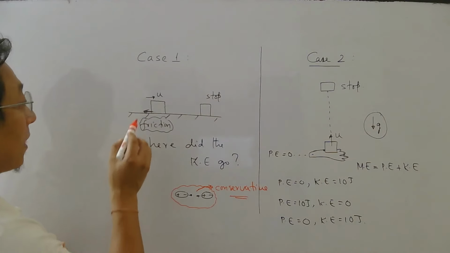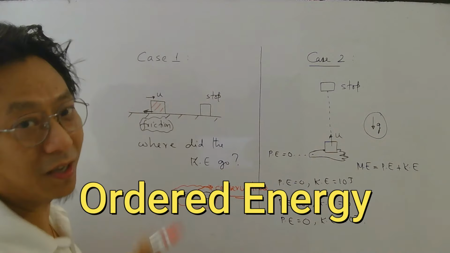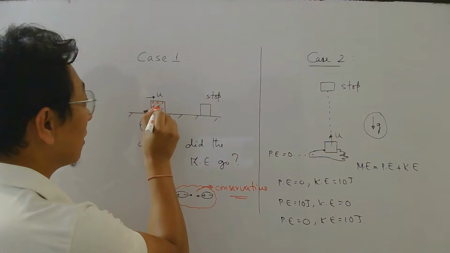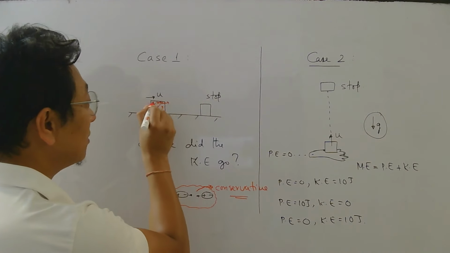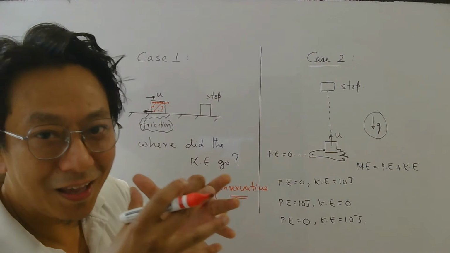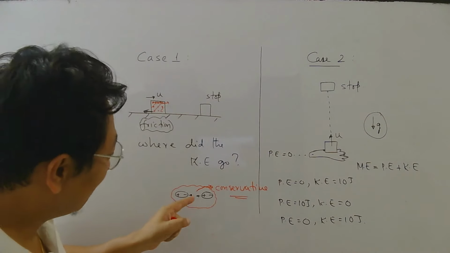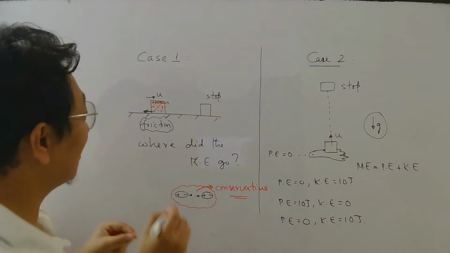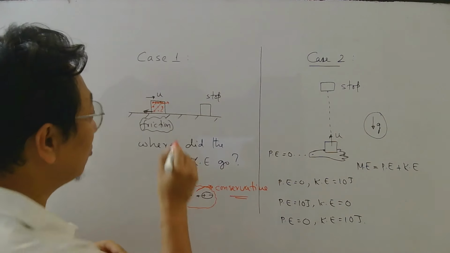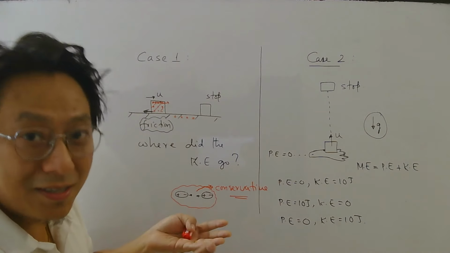That is because this block, if you see carefully, has ordered kinetic energy. Ordered. By ordered, what do I mean? All the particles here are moving together, isn't it? With the same velocity. So it is a very ordered kinetic energy, right? Everything is doing the same thing. But as it moves, because of this microscopic interaction, that ordered kinetic energy is given to the kinetic energy of the molecules of the floor and the block itself.